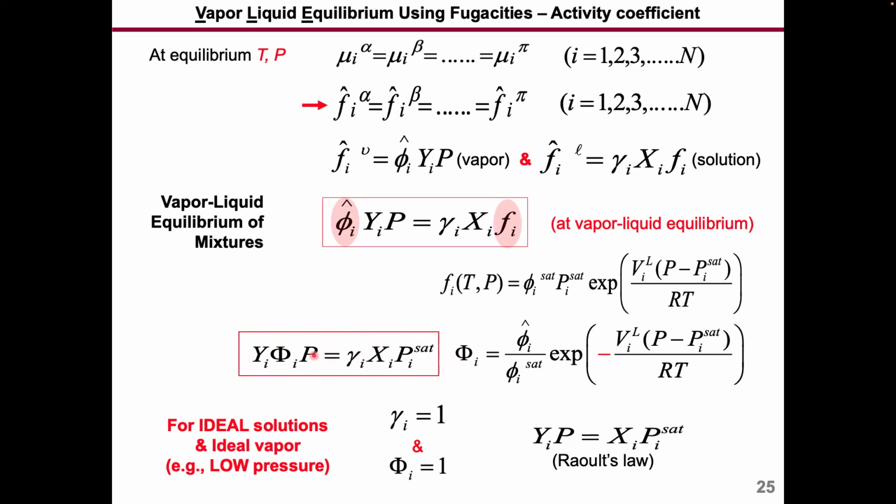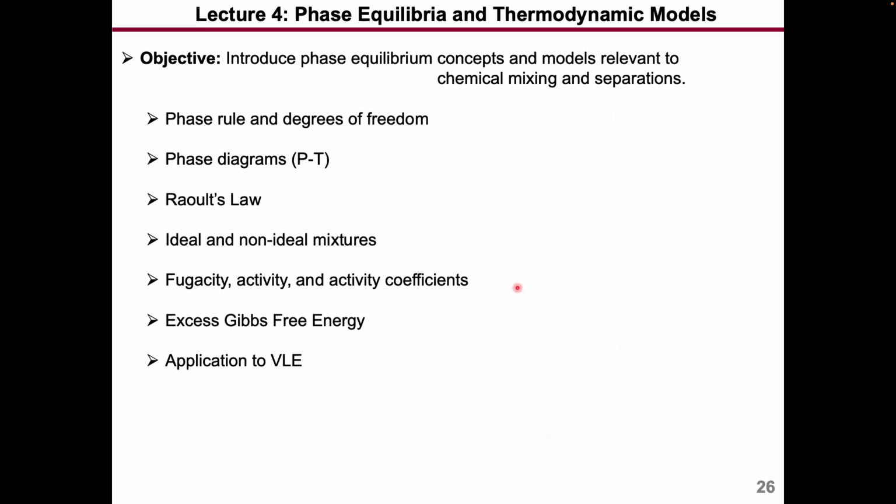The general equation correlating your mole fraction in gas, mole fraction in liquid, system pressure, saturation pressure of species i, and gamma i and Phi_i. It actually reduces to Raoult's law for your ideal liquid solution and gas mixture equilibrium, because gamma i equals 1, capital Phi_i equals 1, okay? And gamma i, you already know how to calculate for a real solution.